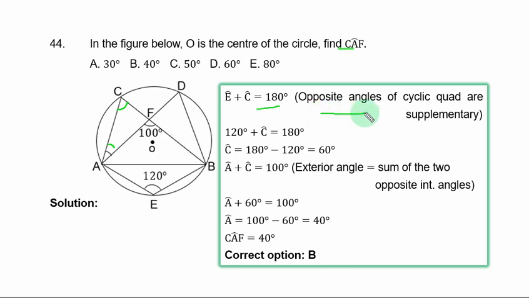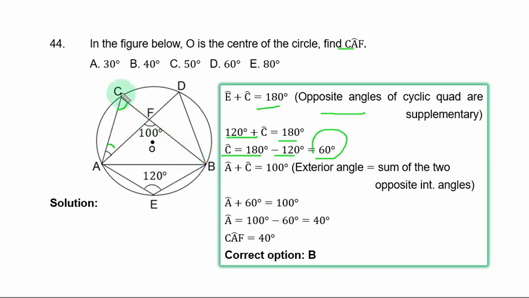You have the reason. So angle E is 120 degrees plus angle C equal to 180 degrees, and angle C is 180 degrees minus 120 degrees equal to 60 degrees.